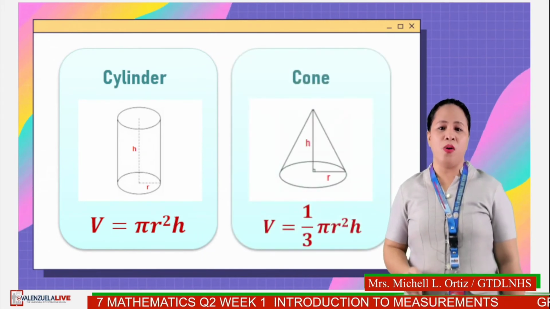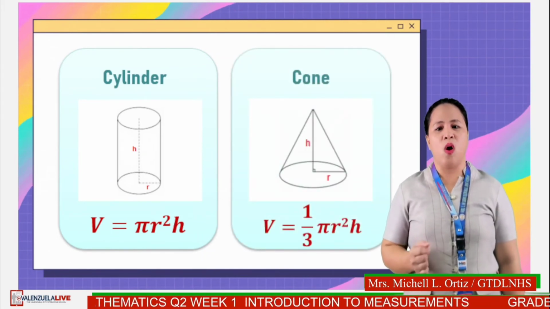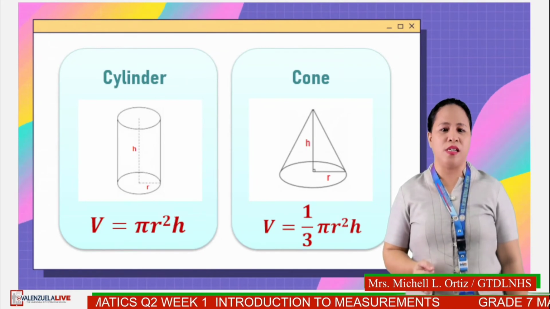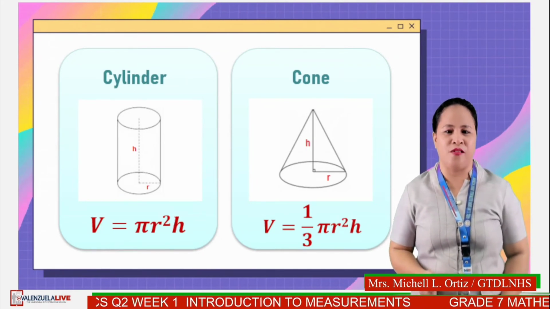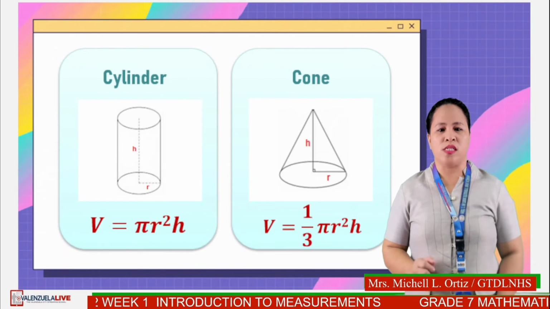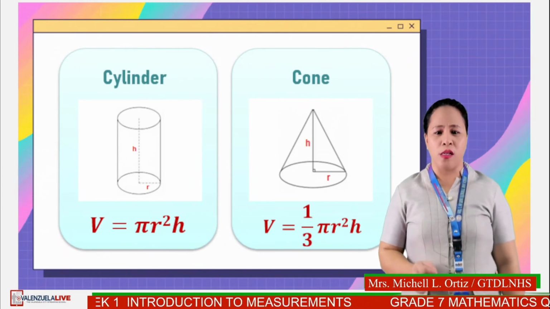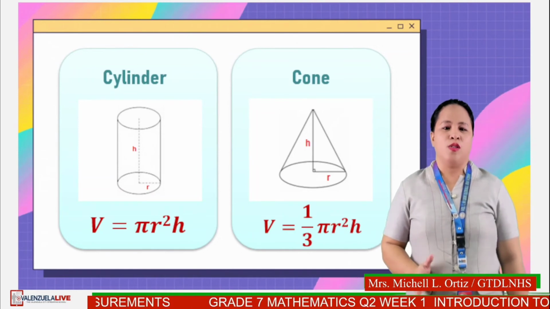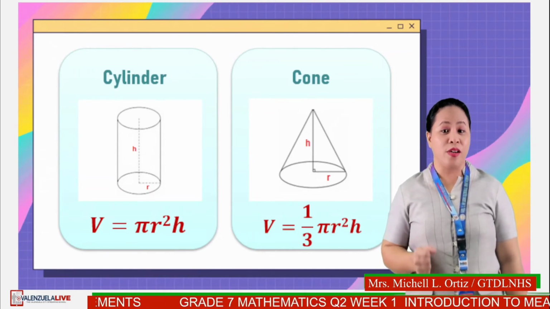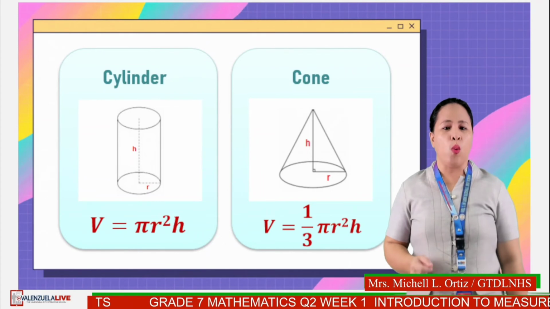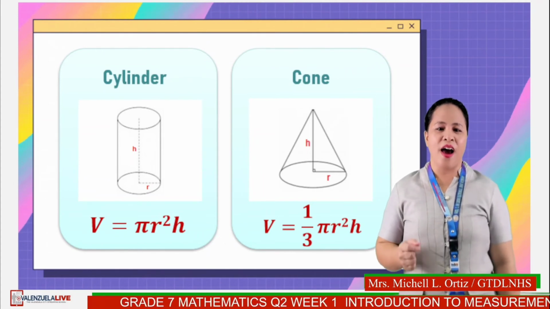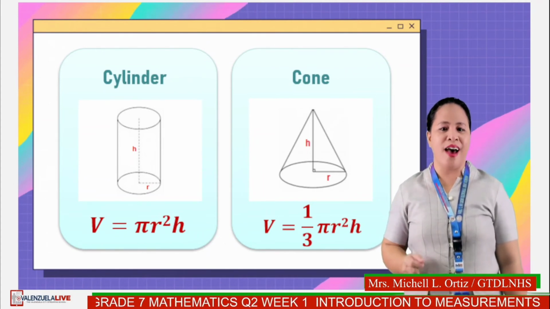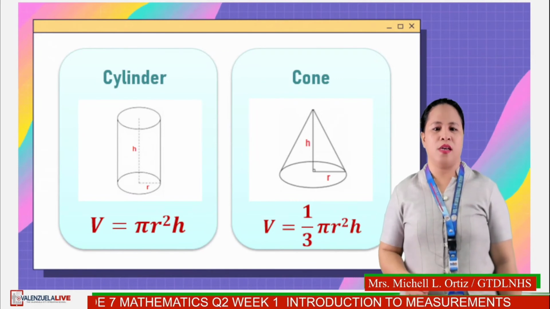The volume of the cone and pyramid is only about 1/3 of the cylinder and prism respectively. So, you simply multiply the volume of the cylinder and prism by 1/3. For the volume of the cone, we use the formula 1/3 pi r squared times the height of the cone.